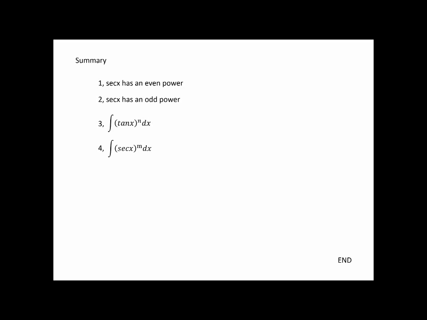A brief summary for the secant and tangent part. Firstly, if secant and tangent come together in the problem, we want to see what power secant carries. If it is an even number, you want to separate out secant square to put with dx, and then use substitution.